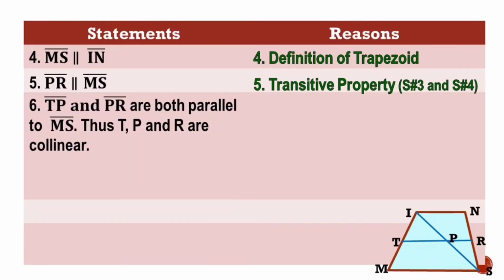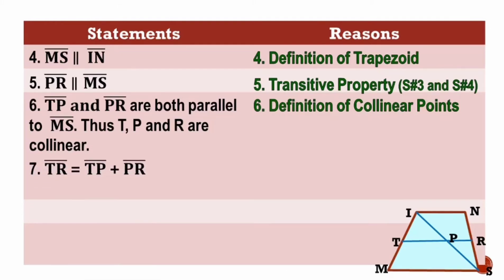Segment TP and segment PR are both parallel to segment MS. Thus, points T, P, and R are collinear. The reason is the definition of collinear points.